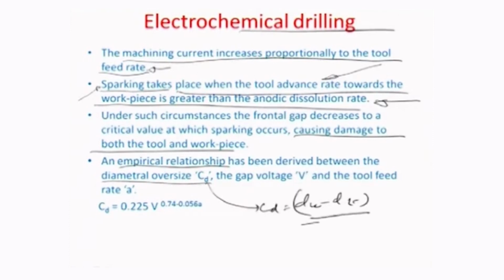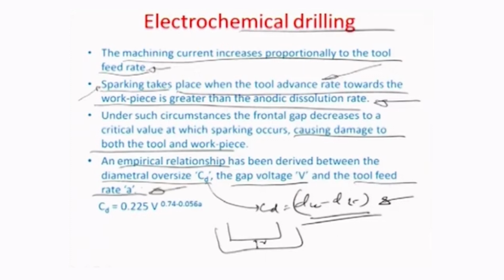We have just seen it in the last schematic, and the gap voltage between the frontal end of the tool and the workpiece surface, this is V. For a particular feed rate, let us say A is the feed rate, empirically it has been determined by experimental observation that the CD is proportional to voltage to the power 0.74 minus 0.056 A. So, this A is basically in millimeters per minute.